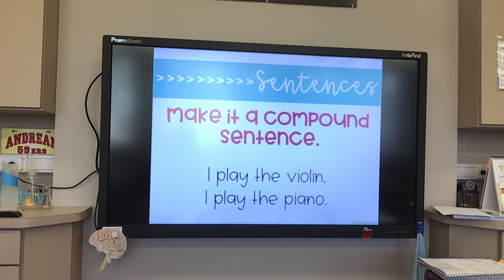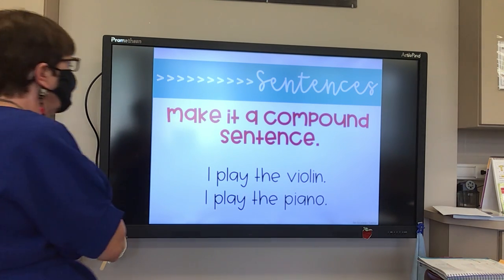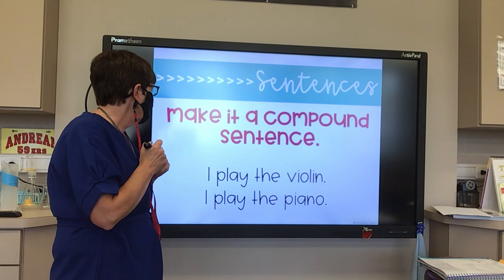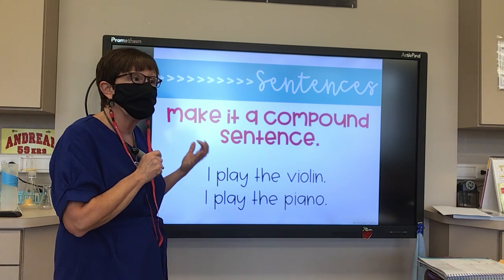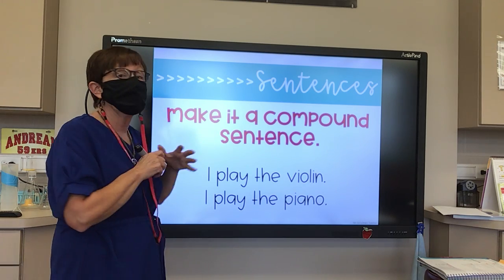Okay, you have to have the comma after your violin. Good. Okay, so we made the sentence, I play the violin, comma, and the piano. Or you could say, I play the violin, comma, and I play the piano.